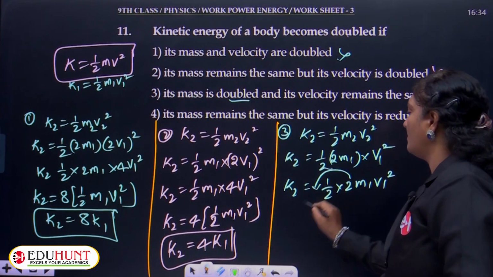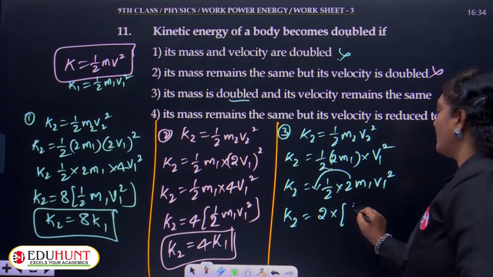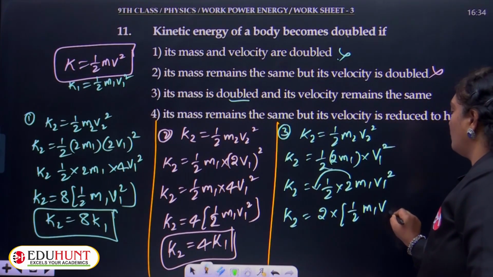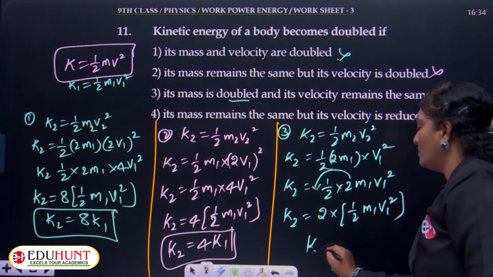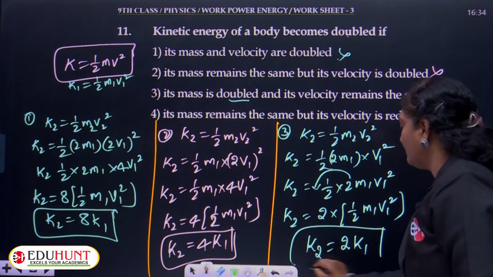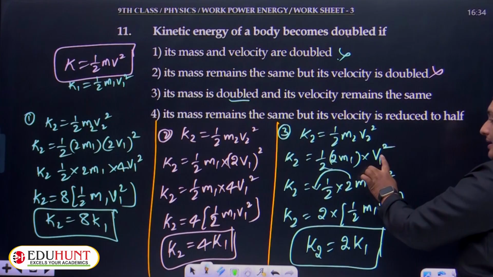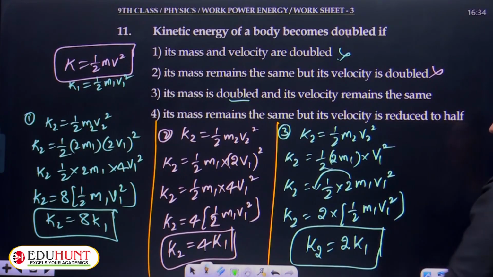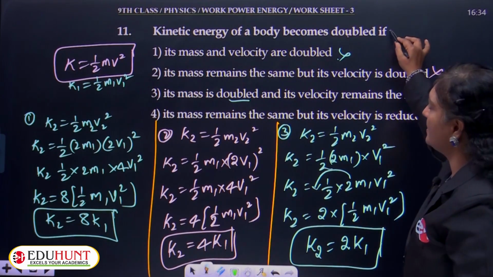Bringing this 2 earlier, K2 is equal to 2 times, leftover is half m1 v1 square. But what is half m1 v1 square? K1. So K2 is equal to 2 times K1. So very clearly we can say that in the third case, when the mass is doubled and velocity is kept constant, kinetic energy is found to be doubled. This is what we require.